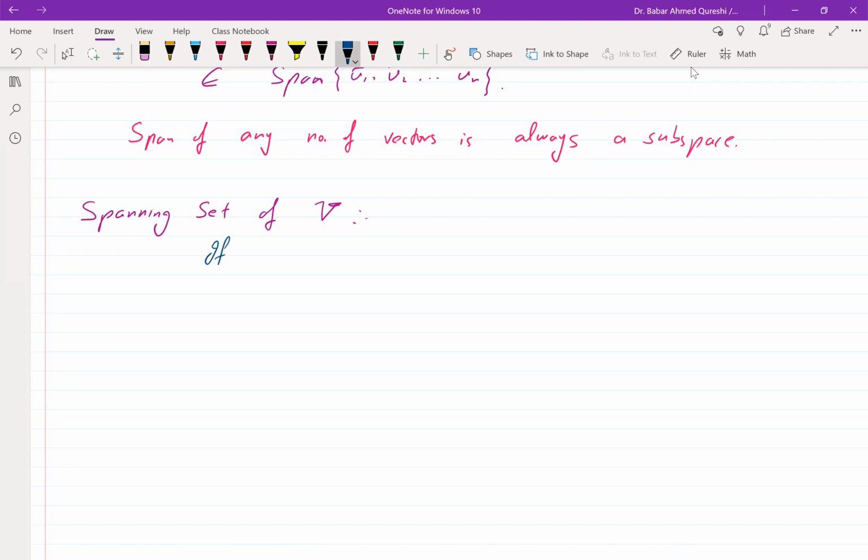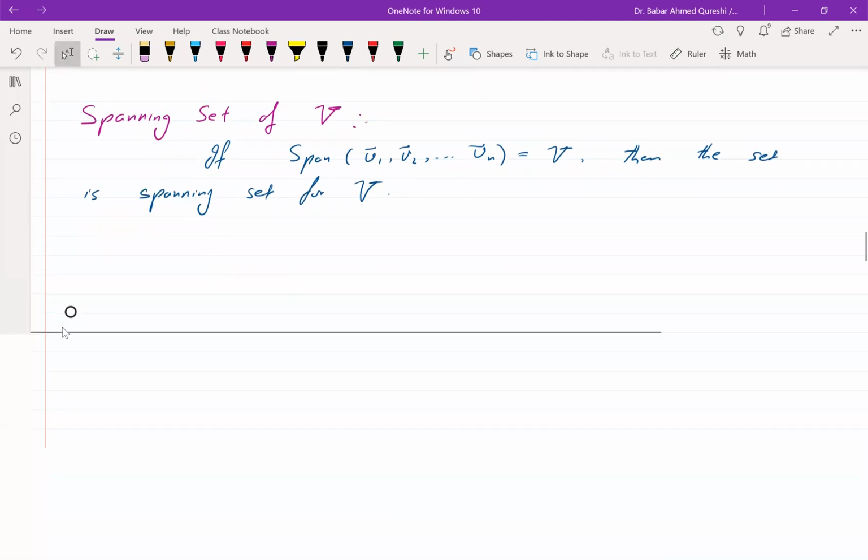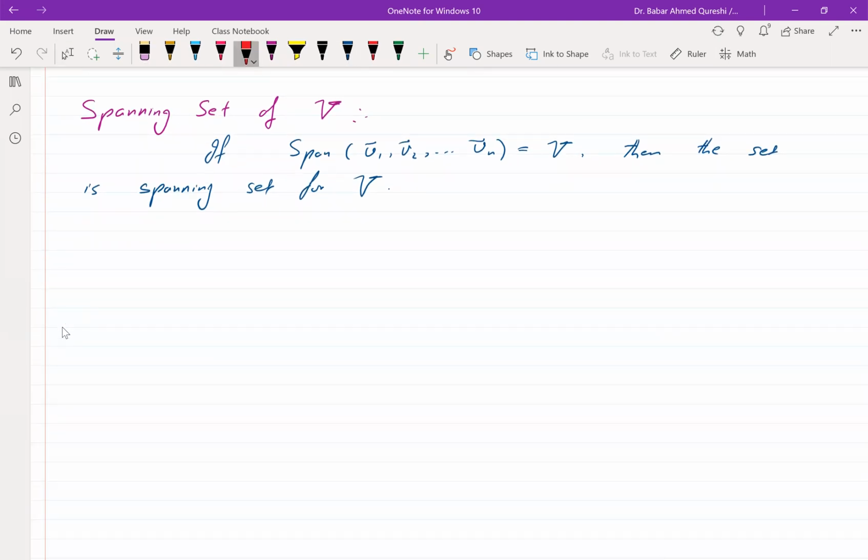So if the span of a number of vectors is V, then the set is a spanning set for V. So what are the examples?